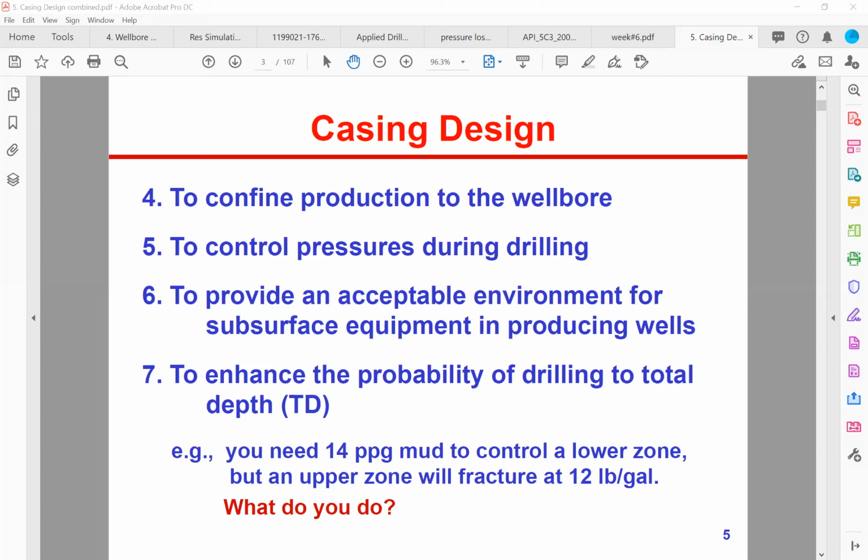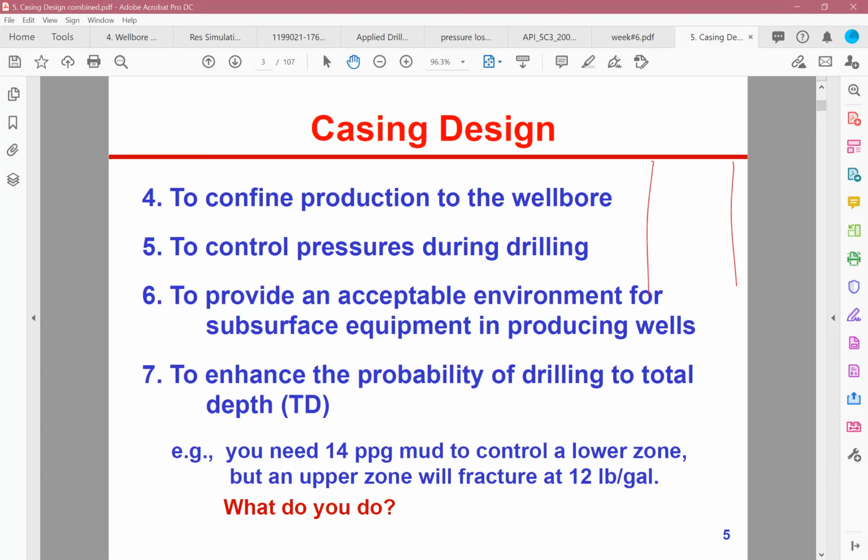But if you don't have a casing, what happens? So let's say you have a wellbore, right? At shallower depths, you have formations whose fracturing gradient is smaller, so they might fracture at very low pressure, right? If you are drilling a deep wellbore and you don't have a casing inside, you want to use a high density fluid, maybe 14 or 15 pound per gallon.